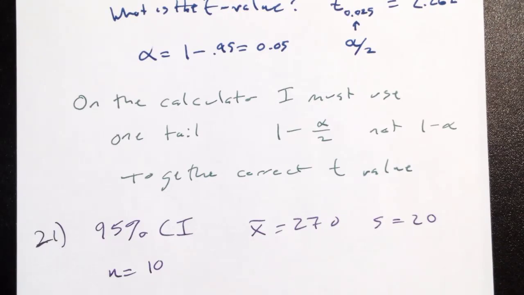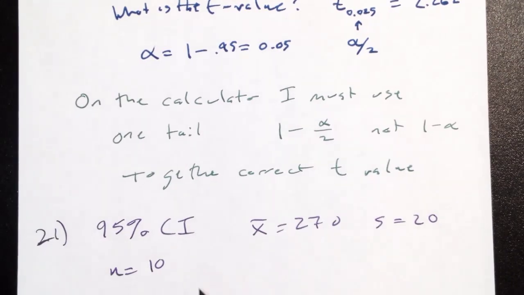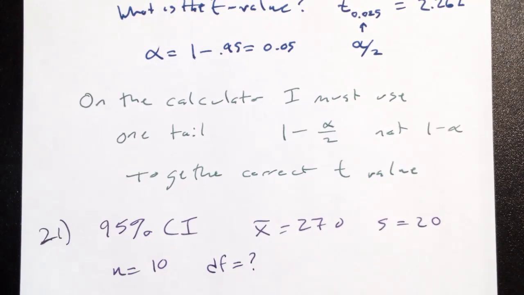The first thing I need to use the t-table, to use a confidence interval with S instead of sigma, I need degrees of freedom. What's the degrees of freedom in this case? We have a formula for that: n minus 1, which is 9. Aha.